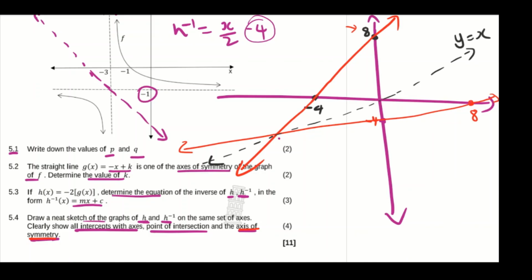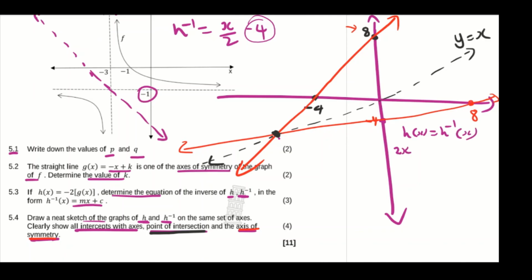But you're not done. Remember that we were asked to indicate the points of intersection. This is the point of intersection. So we need to indicate the coordinates of that point of intersection. How? We're going to say, okay, fine, we have h of x equals the inverse of x, right? So what is h of x?